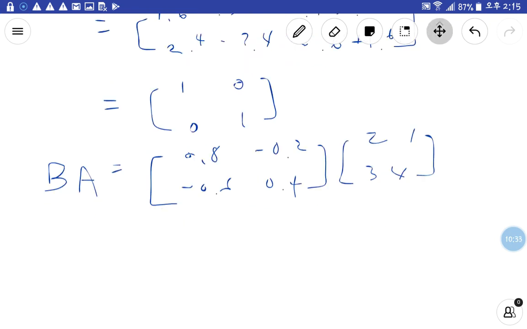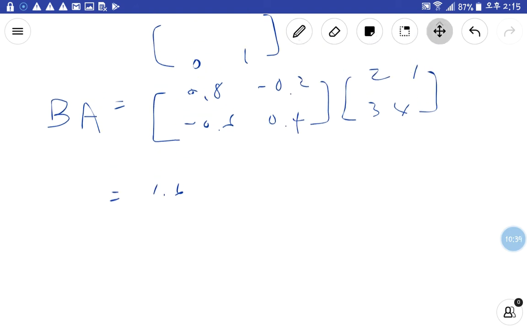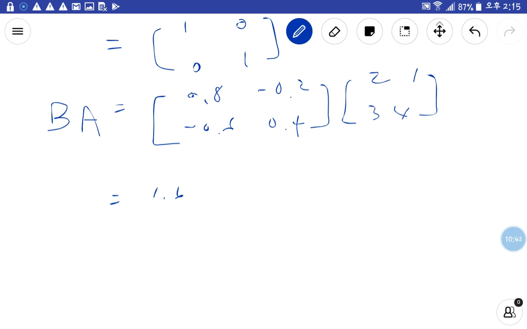Okay, let's repeat the same steps. Now, 0.8 times 2, 1.6. And then I have negative 0.2 times 3, which is minus 0.6.